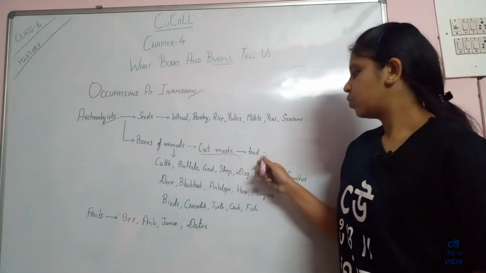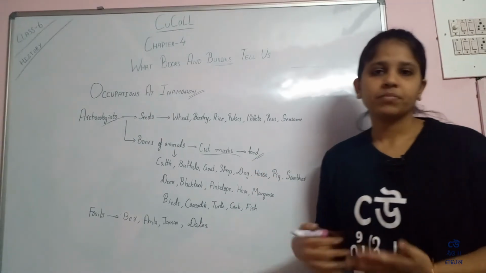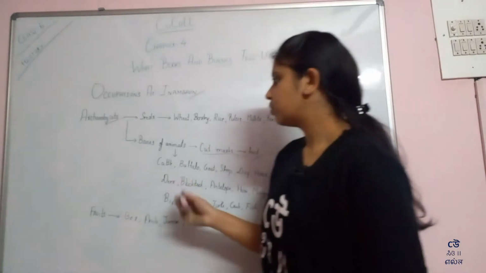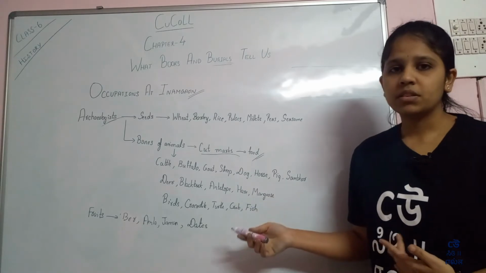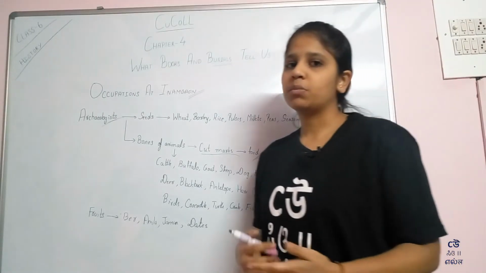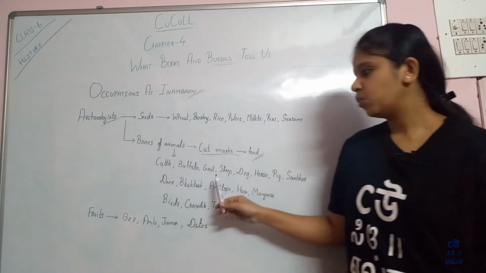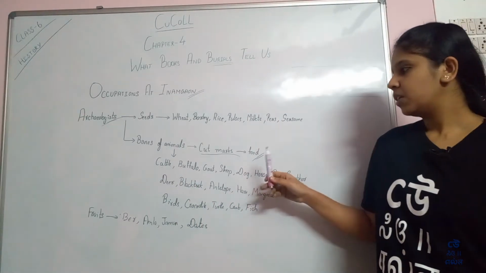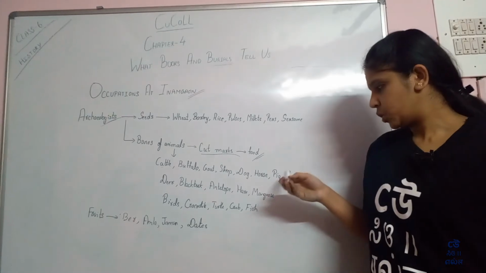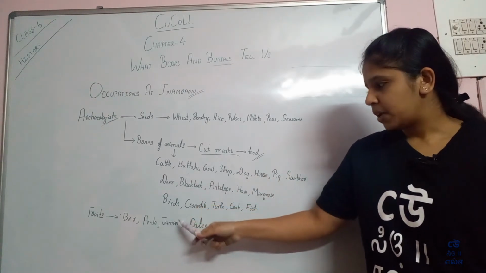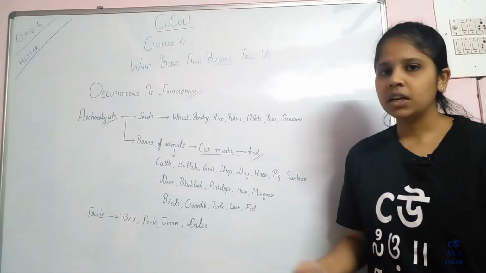The bones were of cattle, buffalo, goat, sheep, deer, dog, horse, pig, black buck, antelope, hare, and mongoose.